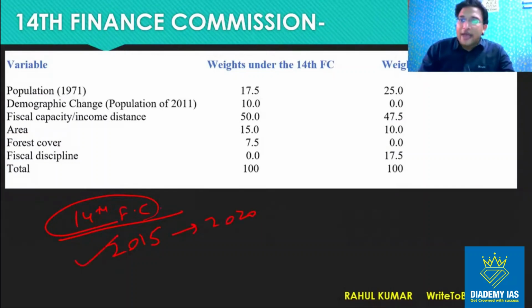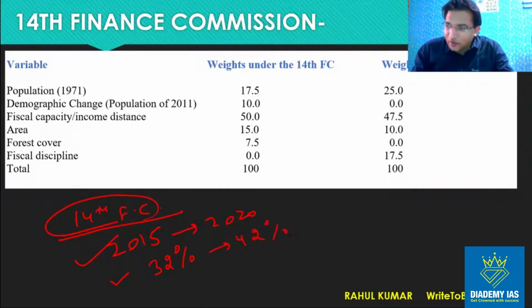So this is applicable for this period, and this commission has also recommended that earlier 32% of the divisible pool was transferred to the state government. Now this should be increased to 42%, right? This should be increased to 42%.